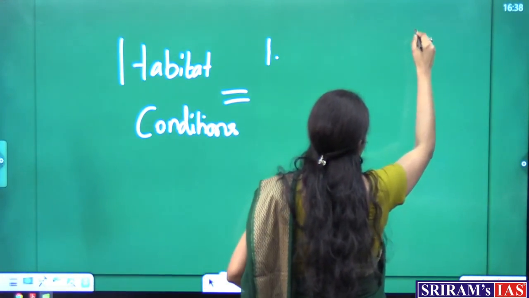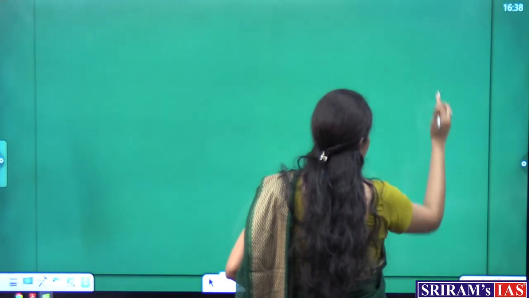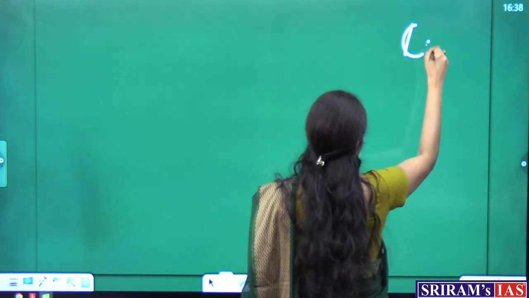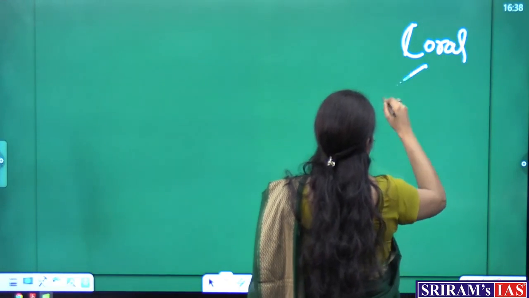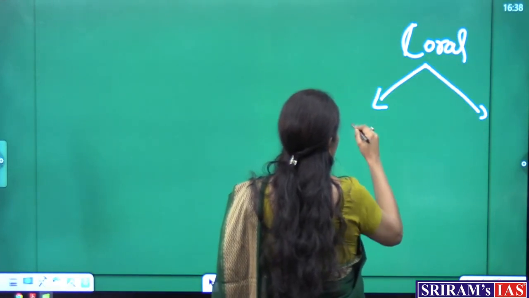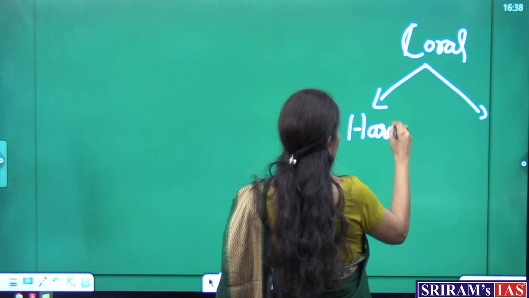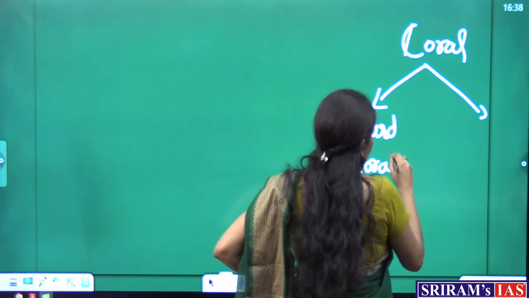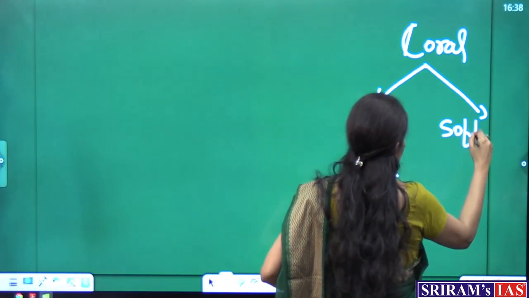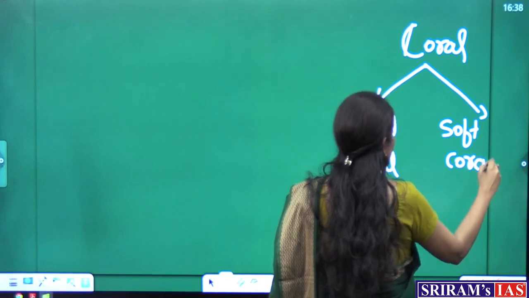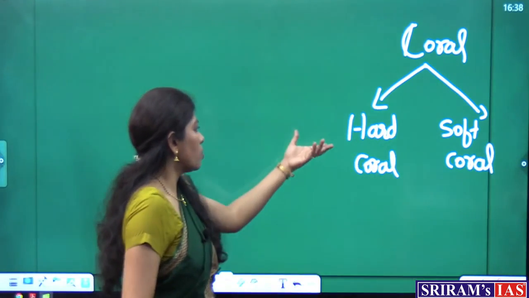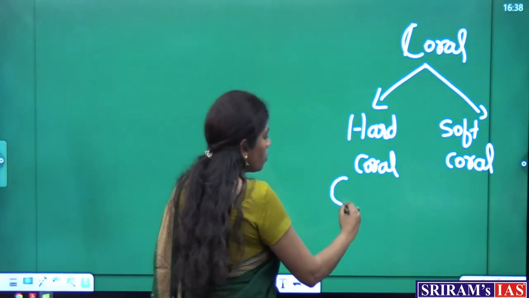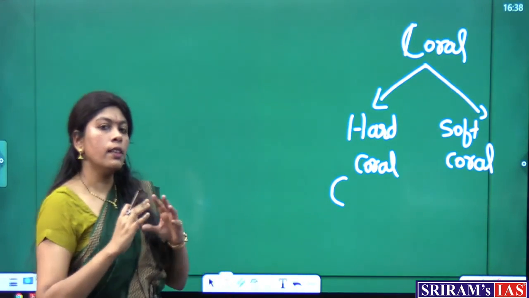See, there are two types of coral. We said the coral polyp, no, they are of two variants. One we call hard coral, another we call soft coral. After this I will tell about the habitat condition. Hard corals are the ones which build the reef.